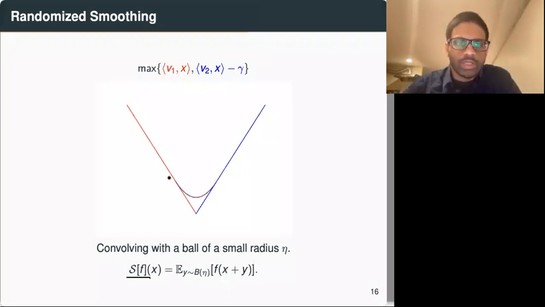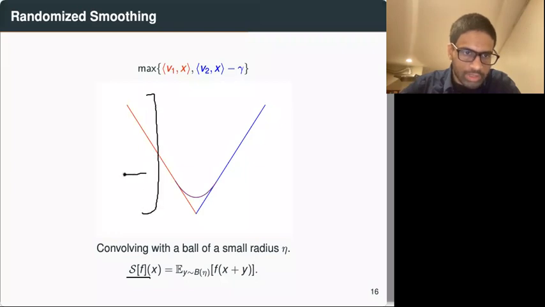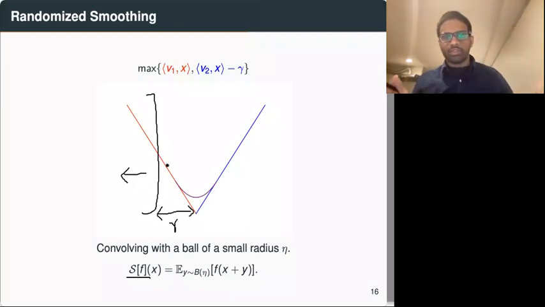And that's fine, because what we said was that V1 inner product x is going to be the maximum in our first query. In fact, it's going to be around gamma larger than V2 inner product x minus gamma. So that means that our first query is actually happening somewhere to this side, right? Where the distance of this from this point where the 2 planes meet is something like gamma. So it's got a fair distance.